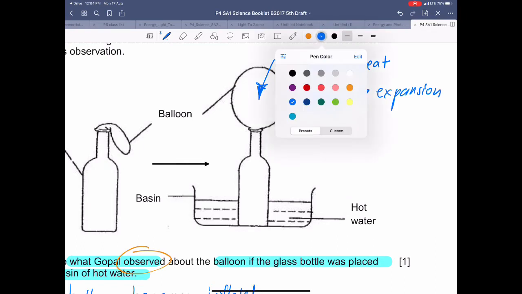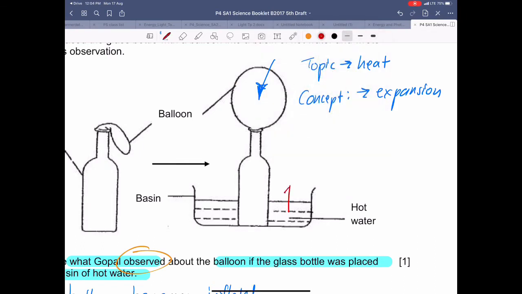The hot water. Yes, so the part here is that your hot water is the hotter region. So I use a very big arrow. And then what happens that causes your balloon to fill up, to become bigger, is actually your air. Correct or not? So your air has to expand.